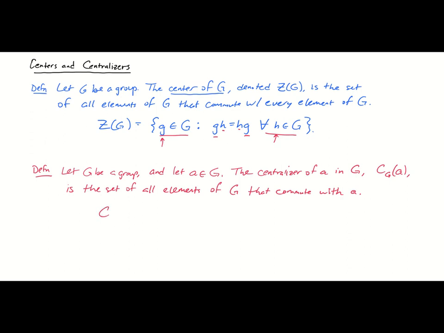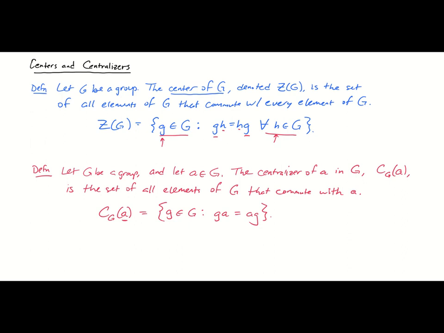So we write this formally as C sub G of a equals the set of all g belonging to G such that ga equals ag, and that's it, because at this point a is fixed, so I don't need to say for every a or for some a. a is whatever's in these parentheses here, so this is fully defined.